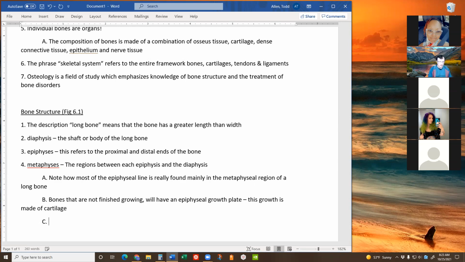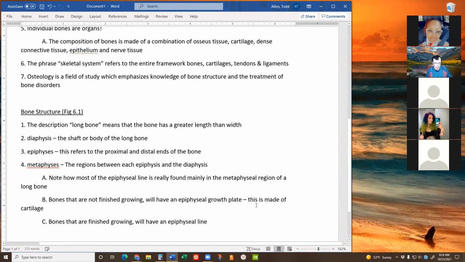Okay, bones that are finished growing. Okay, the epiphyseal line, folks, is actually made of osseous tissue. It's not made of cartilage, okay?